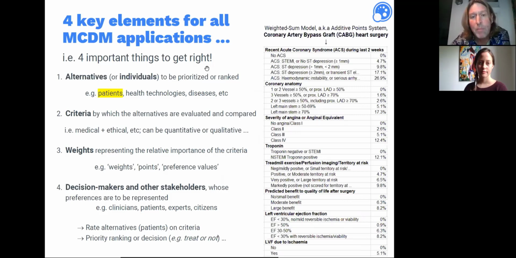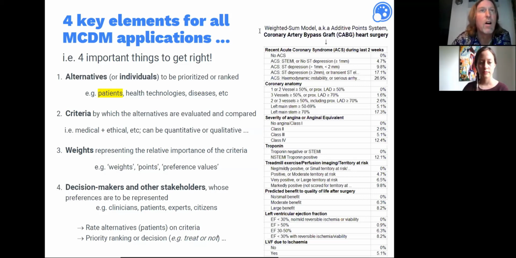And I'm going to use the example here, you can see it on the right-hand side, of prioritizing patients for an operation for heart surgery, which is known as coronary artery bypass graft surgery, or CABG, as it's often referred to by the medical people. The example on the right-hand side is an example of what's known as a point system or a weighted sum model, which I'll address in a moment.